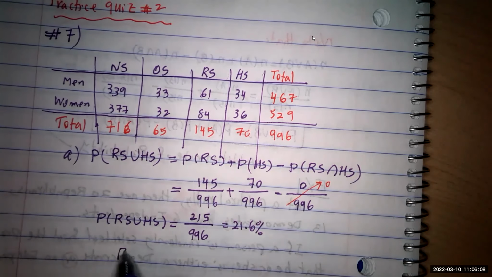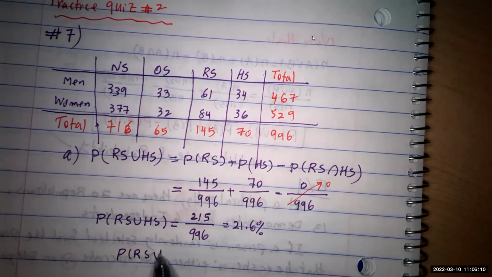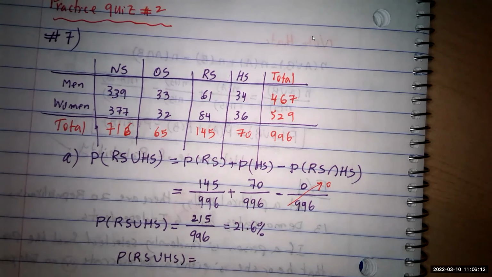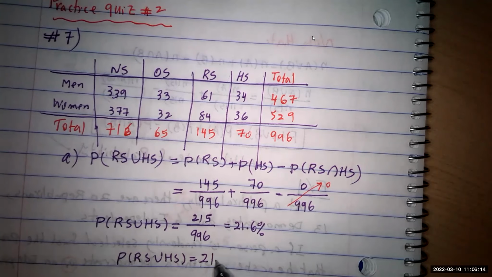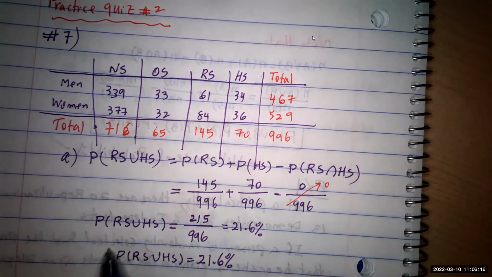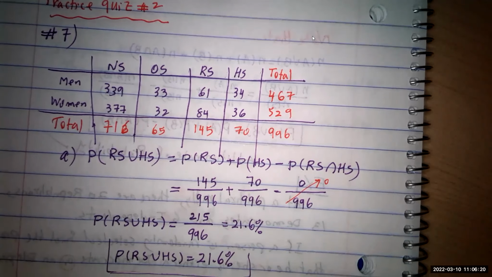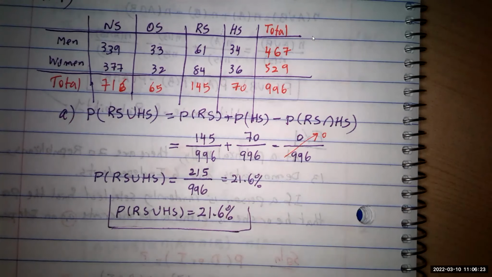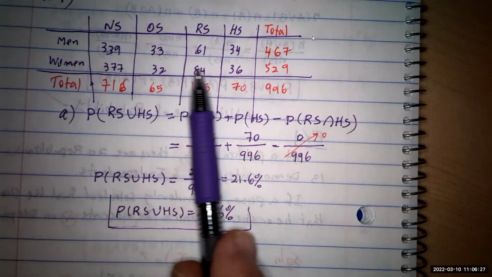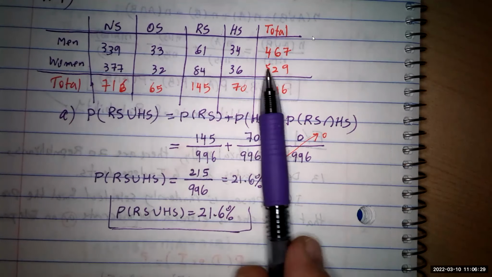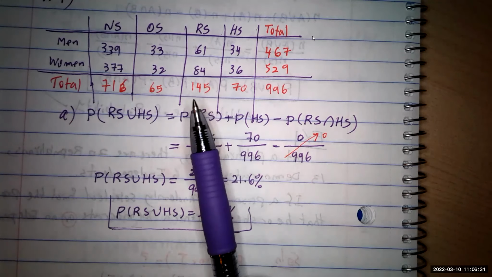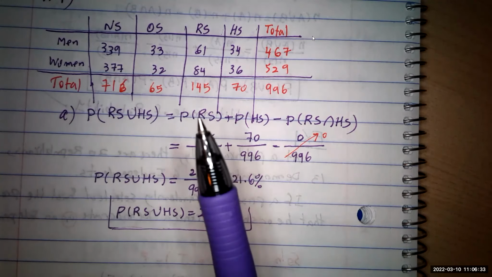So the probability that we get a regular smoker or heavy smoker is almost 21 or 22%. The rounding part is not going to be a big deal. But basically, the numbers that you have have no decimal places, so we usually go 1 up.